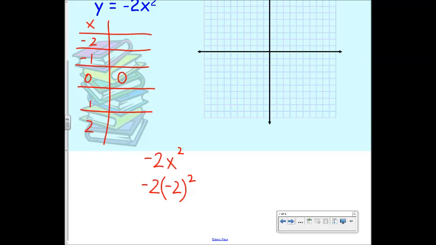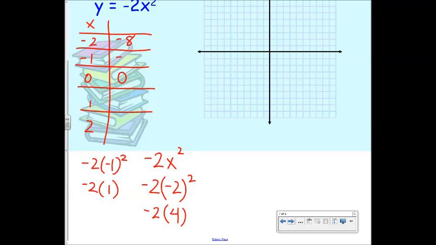Okay, so what's -2 squared? +4. And then +4 times -2? -8. Okay, what about -1 squared? Would be 1. And then what's 1 times -2? -2.